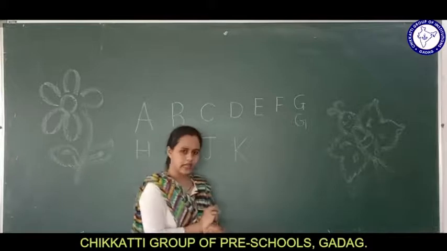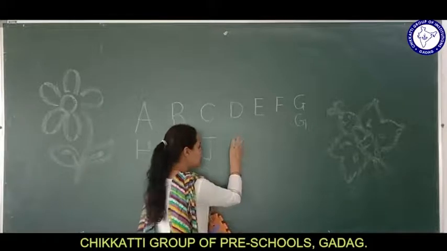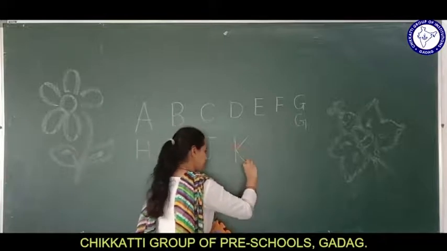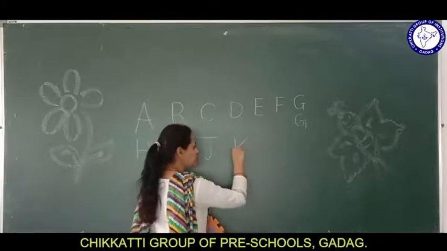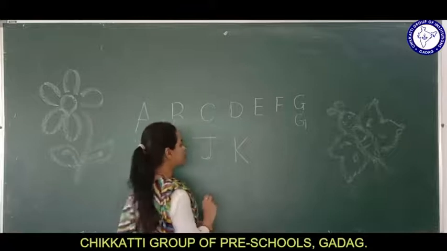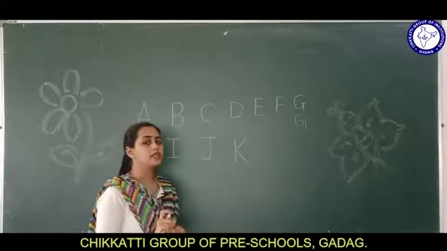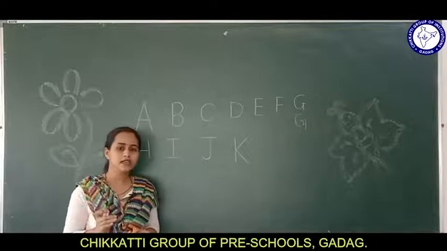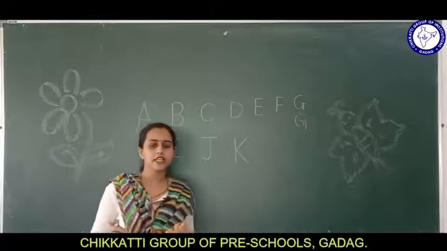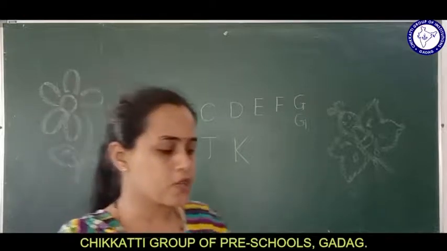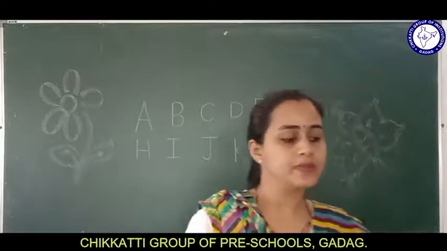It's like a slide, right? Standing line, take a slide, upstairs and downstairs, right? So what is that? K. What is the K sound? K, right? So here, what you should write? K now. After that, which letter will come next?